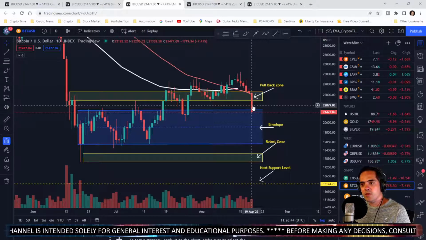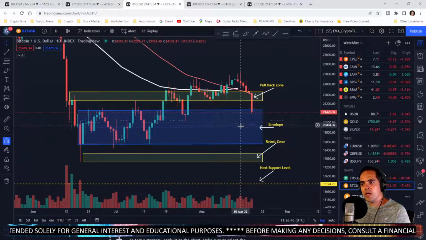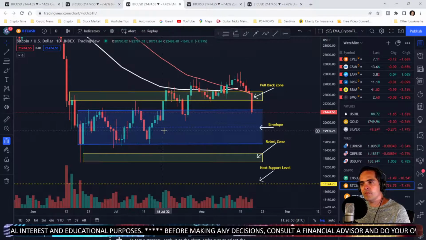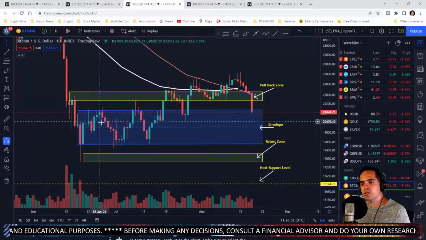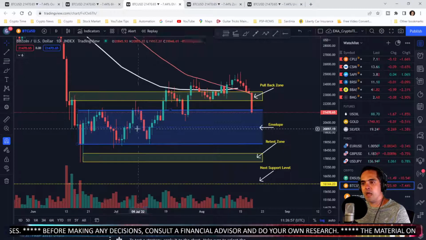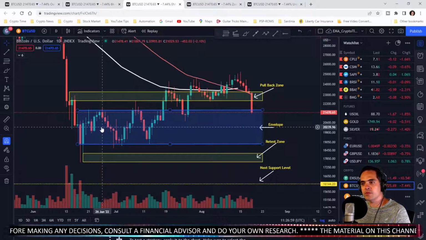All right. So here we have what we call the envelope, this blue rectangle. The price was moving sideways back in July and June this year.